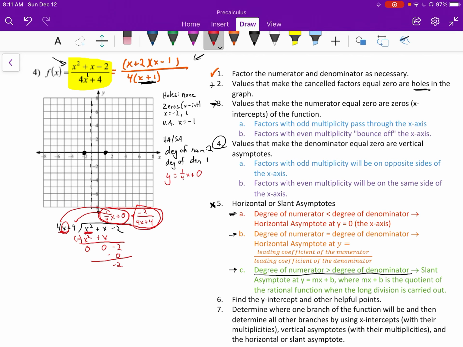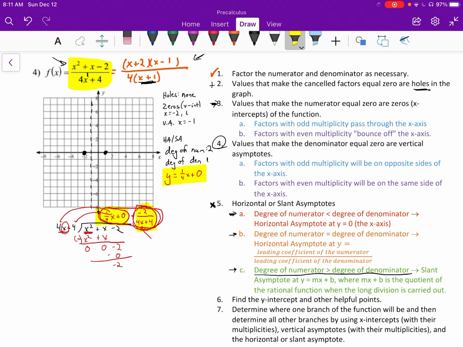What happens here is as x gets larger, this gets closer and closer to 0. So our graph is getting closer and closer to this line, but it never reaches it because it's always a little bit away as x gets larger. So our takeaway there is our slant asymptote is 1/4 x plus 0.